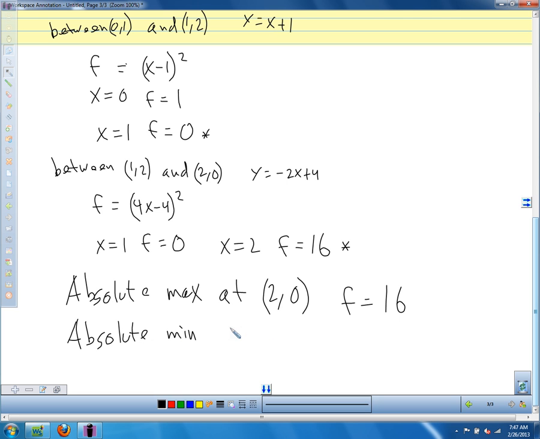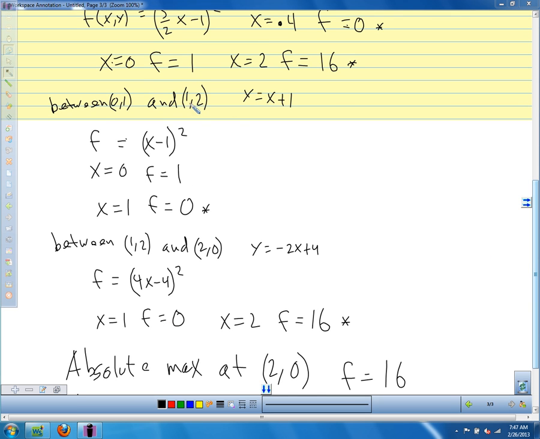is along y equals 2x. And the points where we found our function equal to 0 are each of those along the line y equals 2x. We found one at (1, 2), f equals 0.